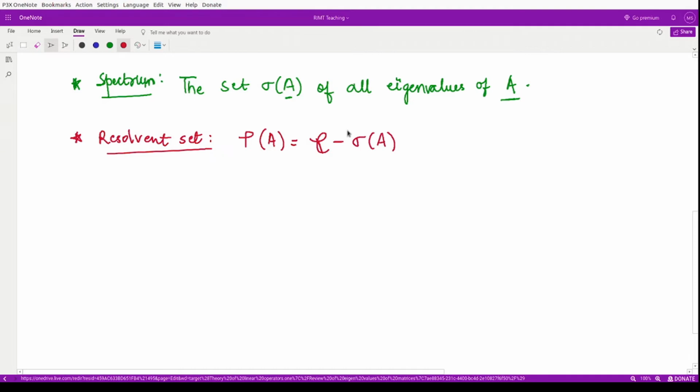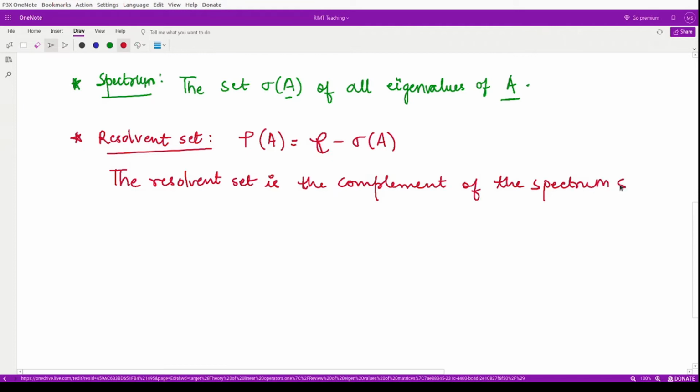So from the complex plane you just eliminate all the eigenvalues which are available for the matrix A, and that set would be the resolvent set.